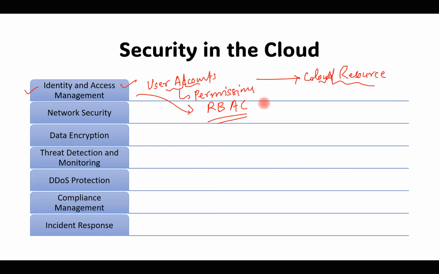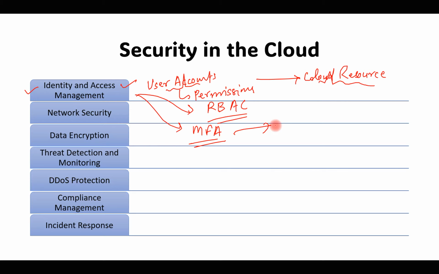That means we can give the end user whatever access is required. We can also enforce multi-factor authentication, which will be an additional layer of security. By using this, you can enhance the security of your cloud services or the application you are using.